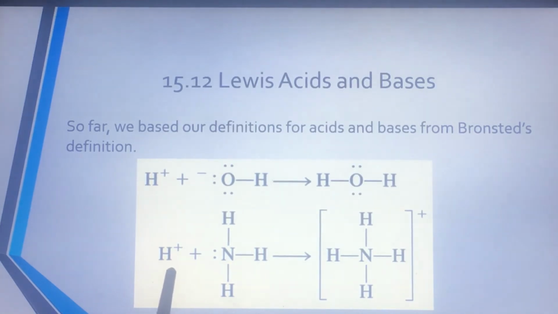Also with this one, H plus accepts a pair of electrons from ammonia, or NH3, so it is a Lewis acid, and ammonia has this pair of electrons to donate or share with H plus, so NH3 is also a Lewis base.